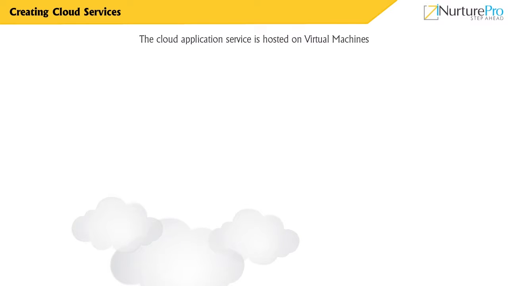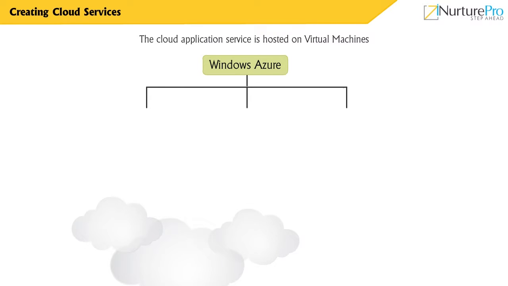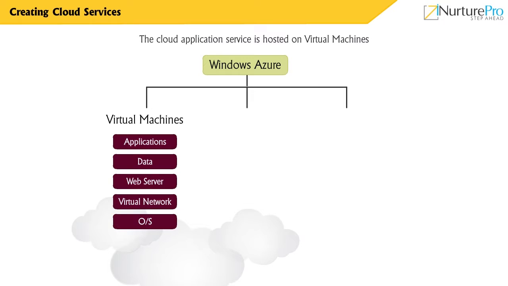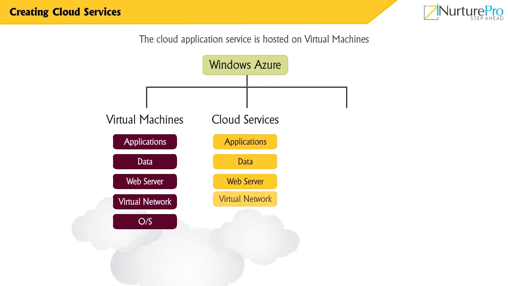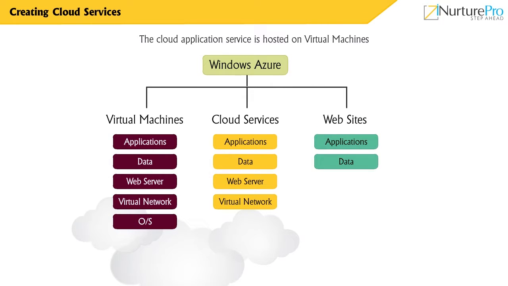The Cloud Application Service is hosted by virtual machines. Users can easily install software on cloud service virtual machines and use them. Cloud services applications are made by using any framework like .NET, Node.js, PHP, Java, Python, and Ruby.